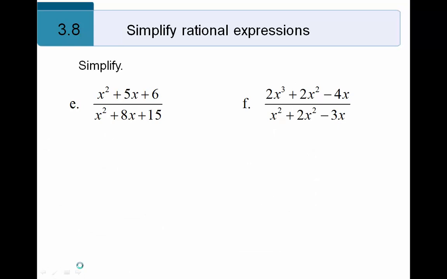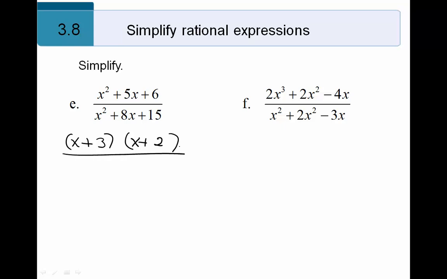All right, so we have a trinomial divided by a trinomial. Let's go ahead and factor those out. The numerator: x times x is x squared. We're looking for factors of 6 that will add up to 5x. So 3 times 2, I believe. Both positive.